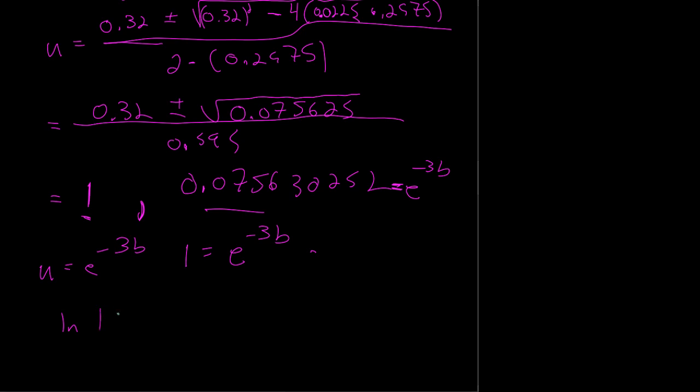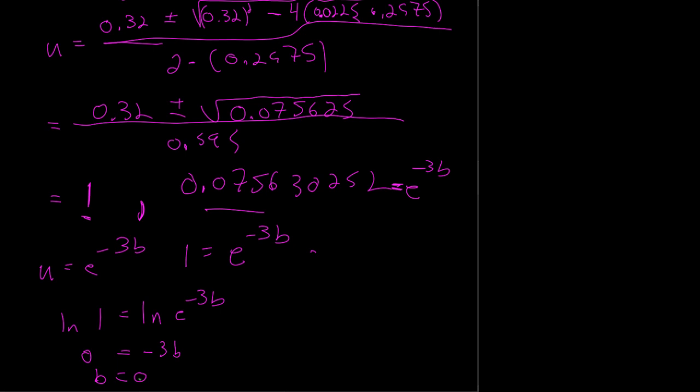So ln of 1 equals the ln of e to the negative 3b. So negative 3b, well, what is the natural log of 1? It's 0. And so this gives me b equals 0.